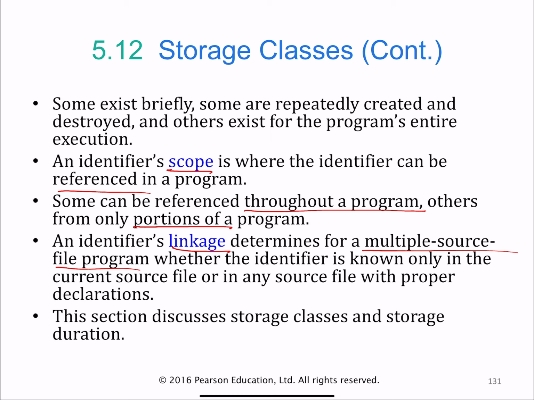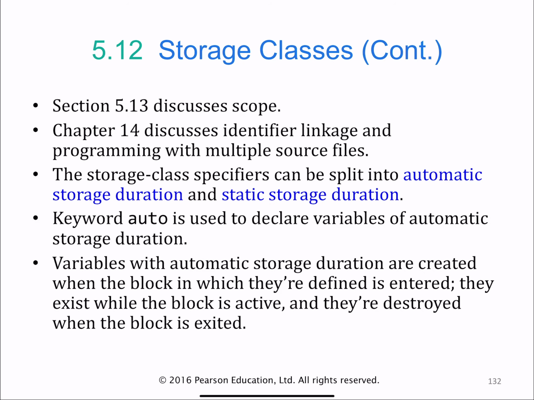In that case, in the process of compiling, we have another step called linking. However, here we're going to discuss storage classes and the duration for which identifiers or variables of those storage classes exist.